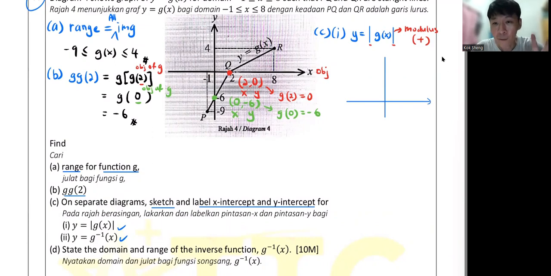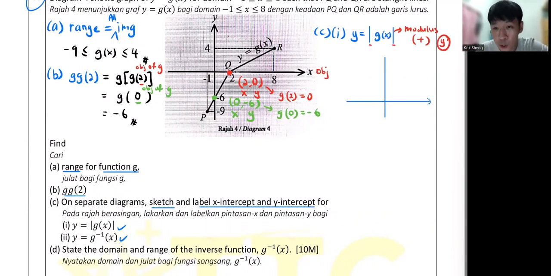I repeat, for the modulus, you have to change to positive. So for the graph here, which coordinate needs to change to positive? It will be the y coordinate.